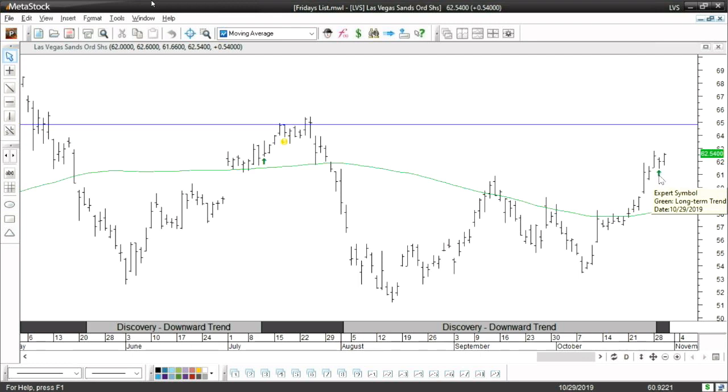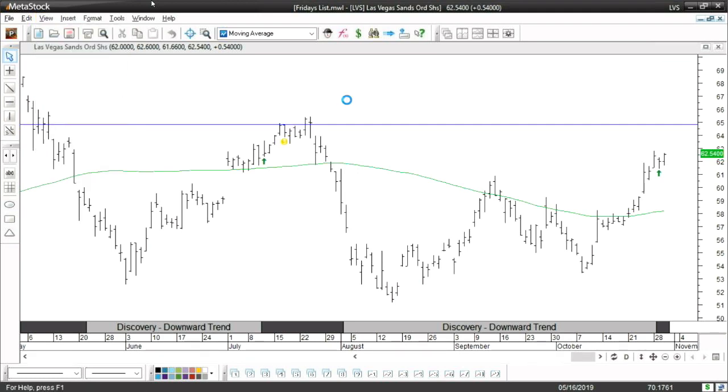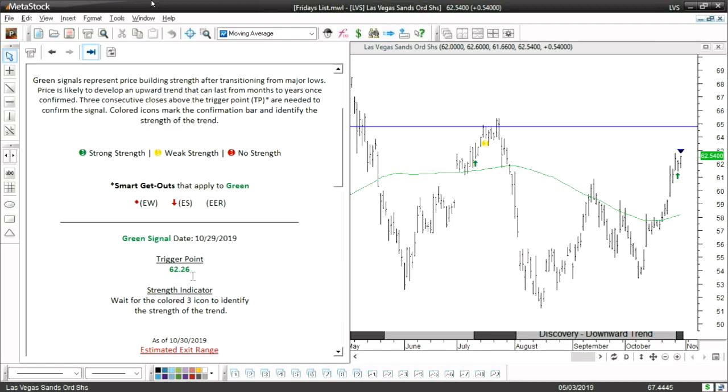Now, yesterday, we got a green arrow. So now we can go check the commentary. Check the trigger point, 62.26.